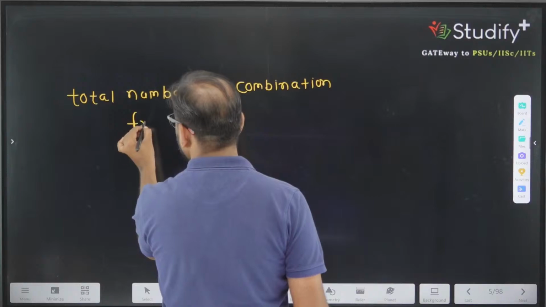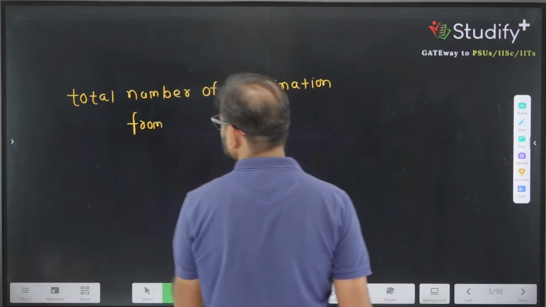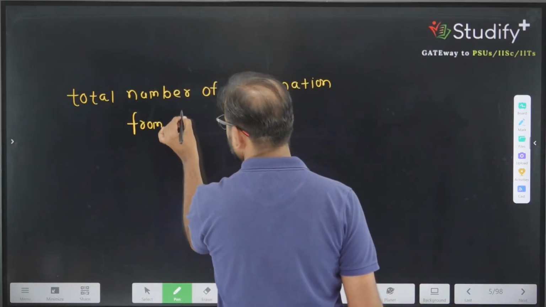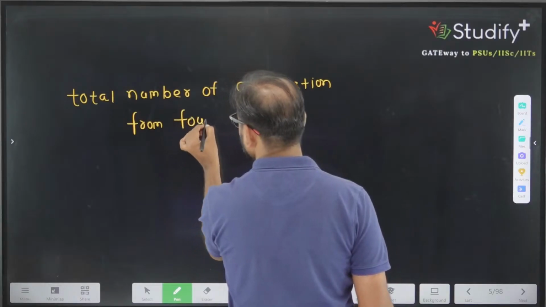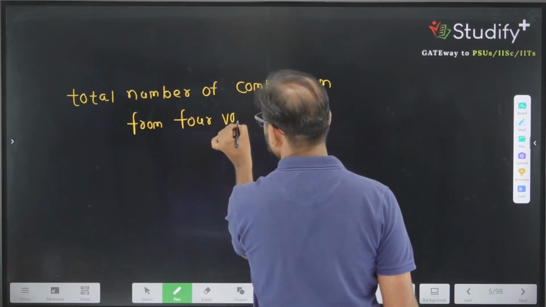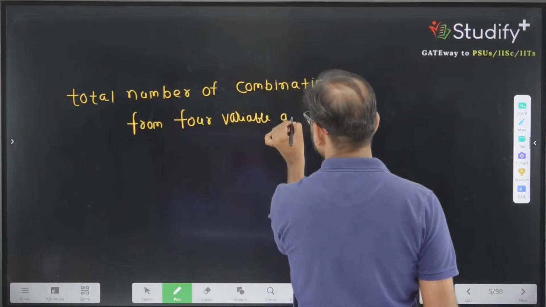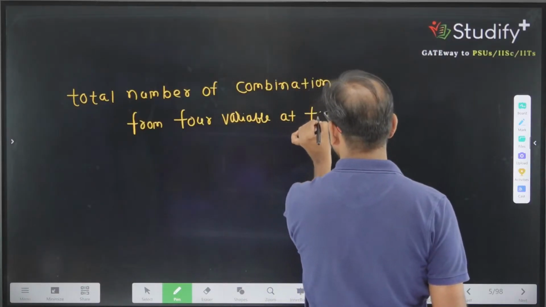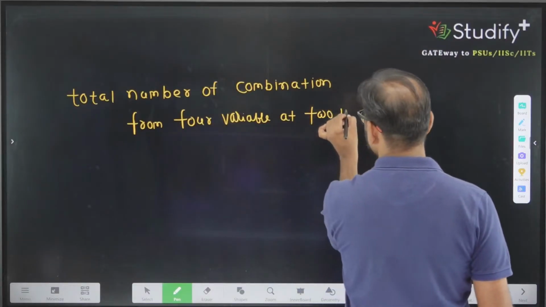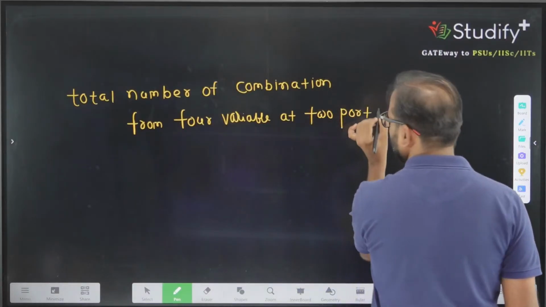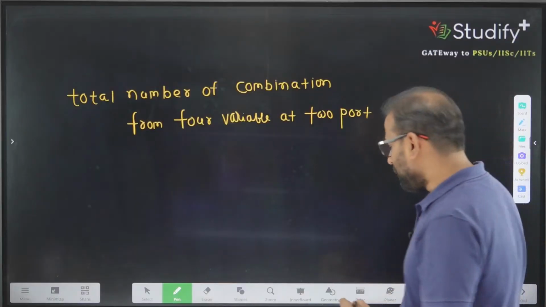From four variables at two ports, the total number of combinations will be what?